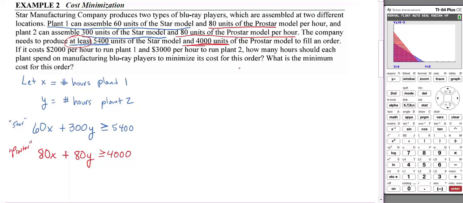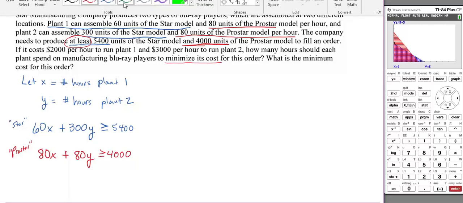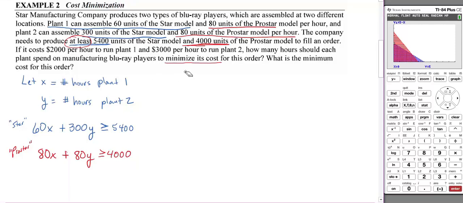The thing that we're going to want to optimize is the cost. In this case, we're minimizing the cost. So let's come up with an equation, a cost equation that we can optimize. So this is our objective function. The cost is going to be $2,000 per hour to run plant 1.